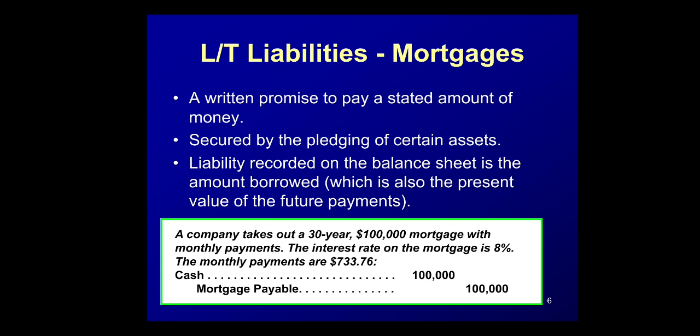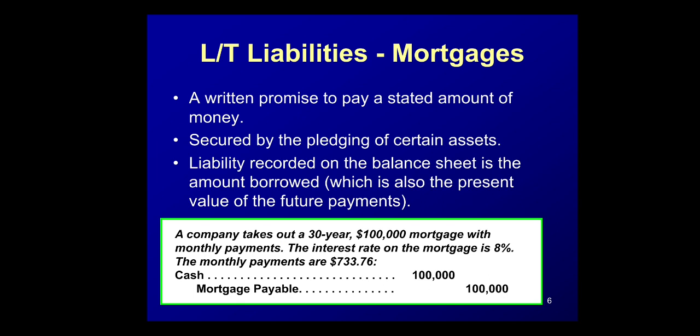The liability recorded on the balance sheet is the amount borrowed, which is also the present value of the future payments. Don't have to worry about the difficult explanation here, but I think you have to focus on the way to record the long-term loan or mortgages. See here the example in the white box.